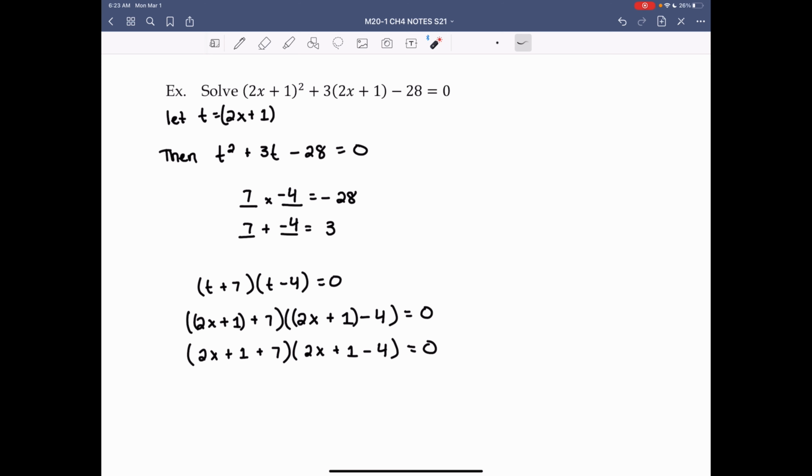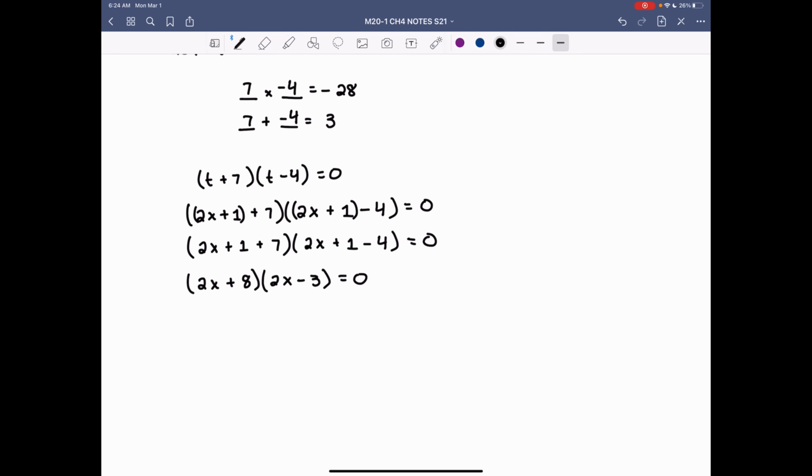Combine our like terms, we have 1 and 7, and we have 1 and negative 4. So we get 2x plus 8 times 2x, 1 minus 4 is negative 3, so 2x minus 3 equals 0.